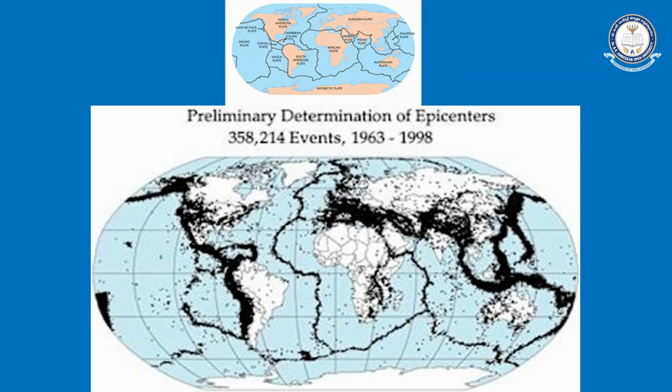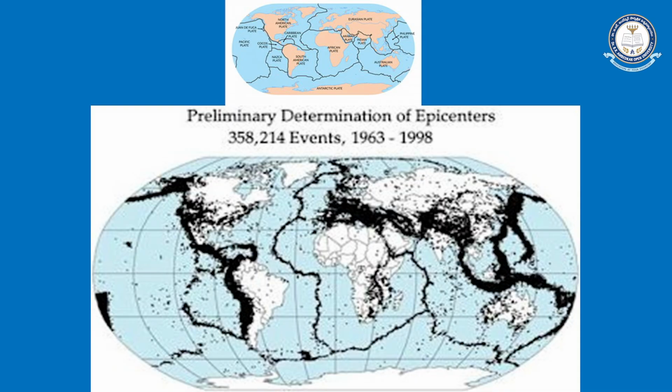So this world map also shows the different plates which are moving apart and breaking in between themselves and sliding away from each other, and these are the zones falling parallel onto the surface, giving out epicenters of the earthquakes.